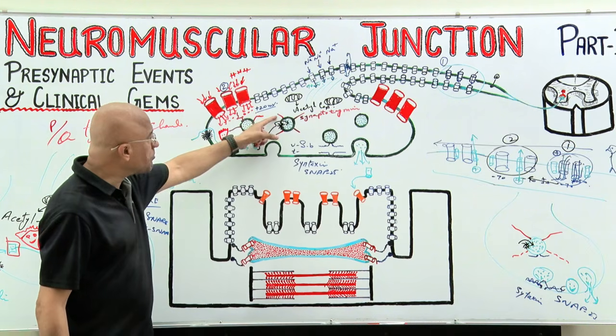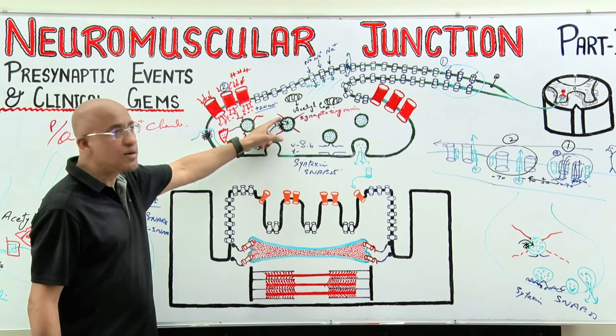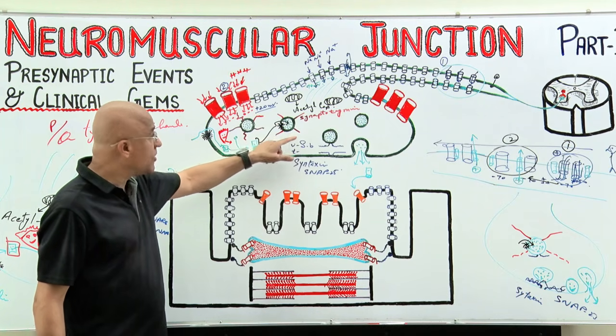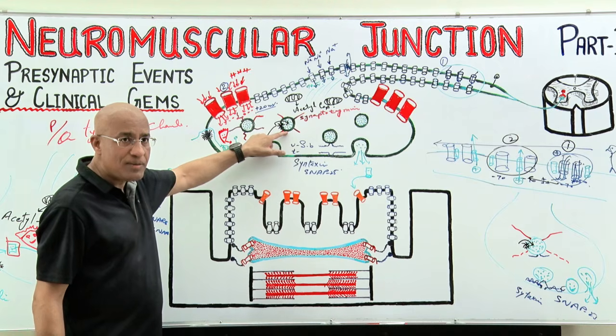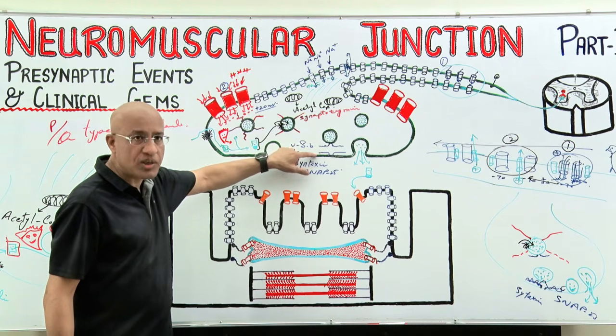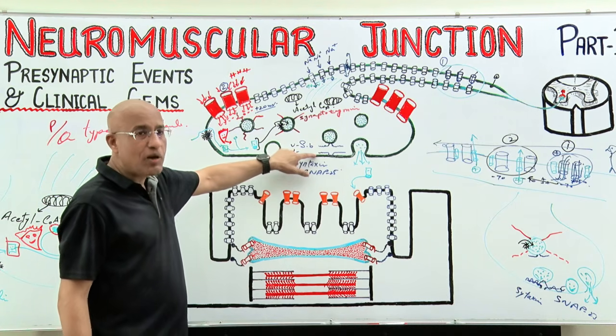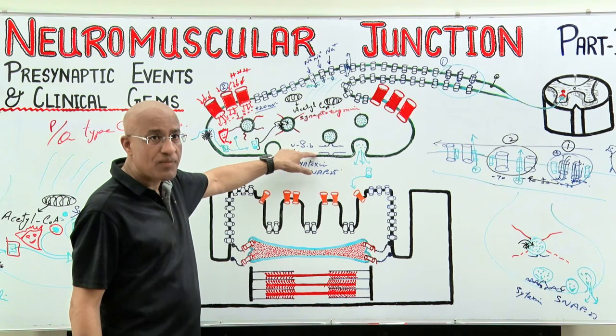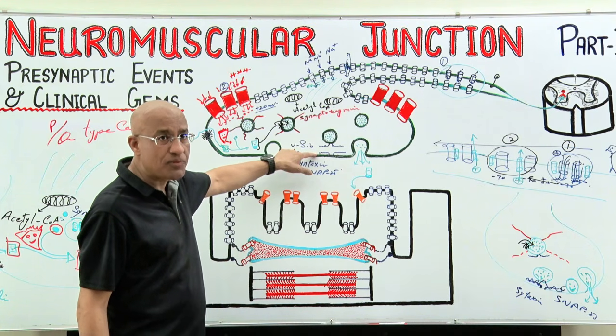Now, once synaptotagmin receives what? Calcium, it alters and allows the vesicular SNAREs and target membrane SNAREs to interact with each other. It means the arrival of calcium removes the synaptotagmin-related inhibition of the fusion.